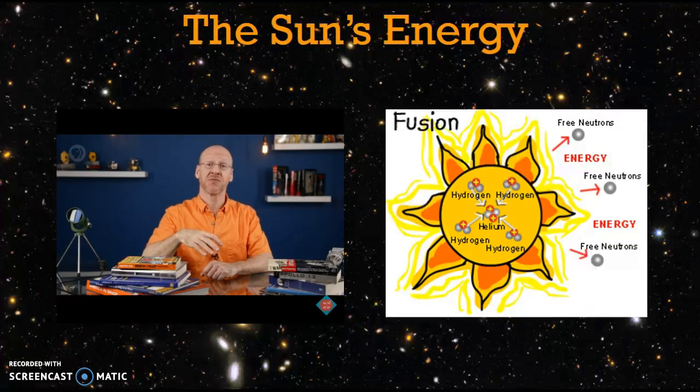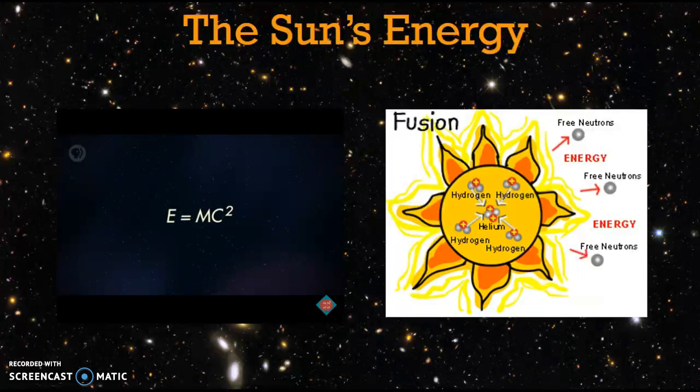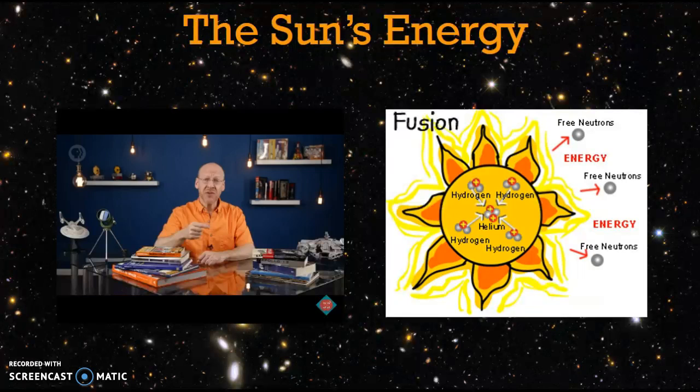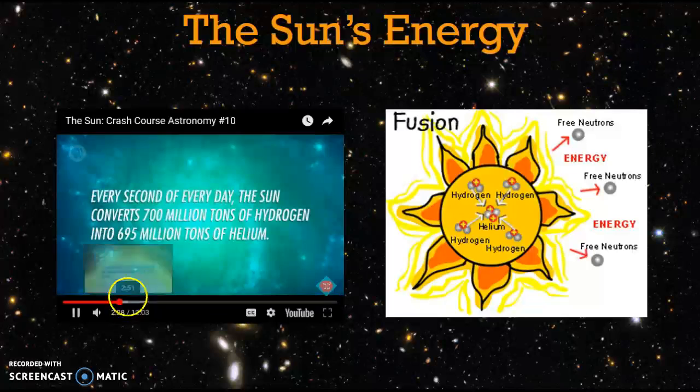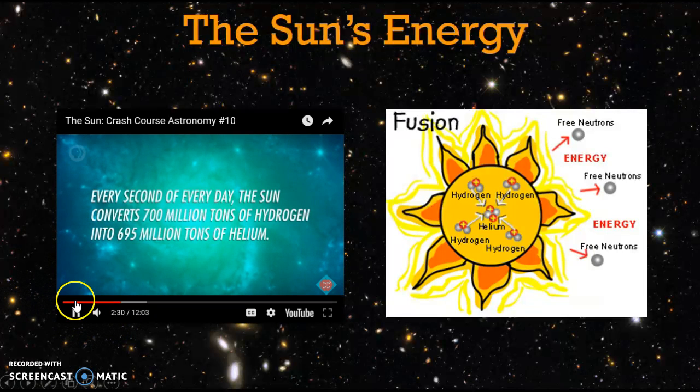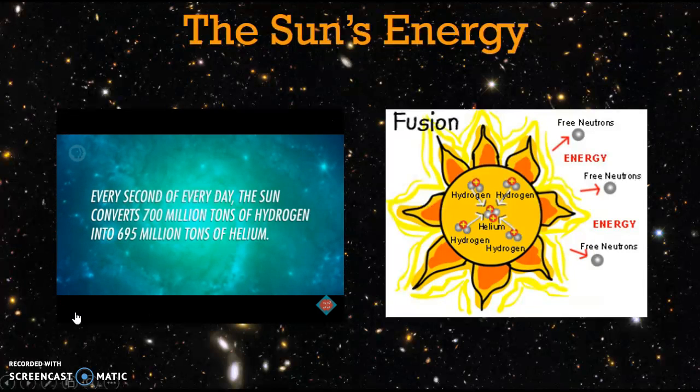That amount of energy is described by Einstein's famous equation E=mc², which states that mass can be converted into energy and vice versa. Atoms are pretty small though, so each helium atom made in the sun's core generates only a tiny bit of energy, but a lot of helium atoms are made. A lot. Get this, every second of every day, the sun converts 700 million tons of hydrogen into 695 million tons of helium.